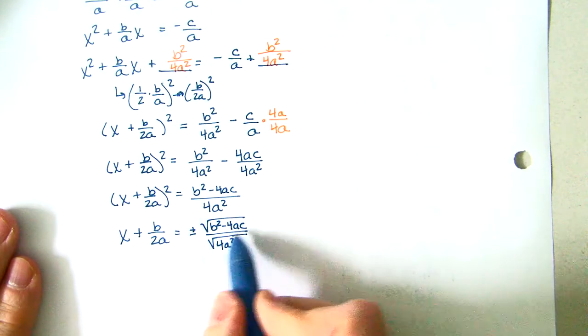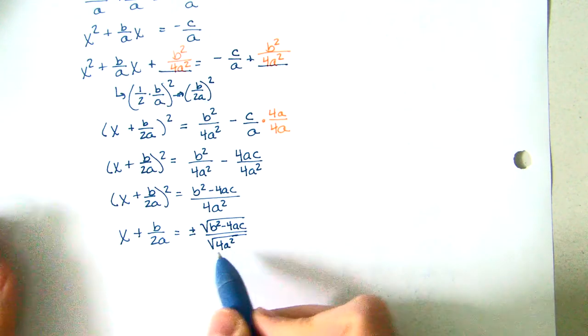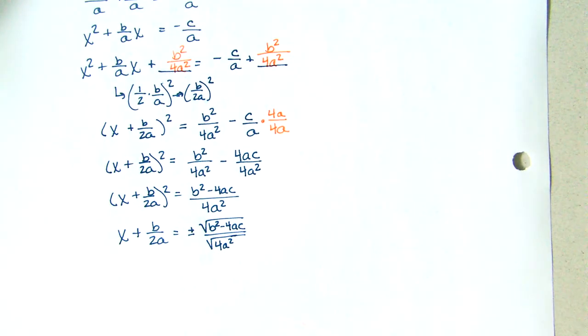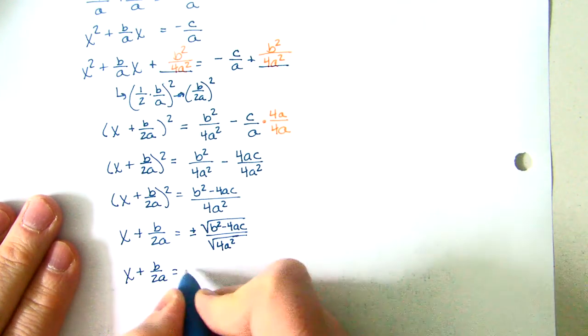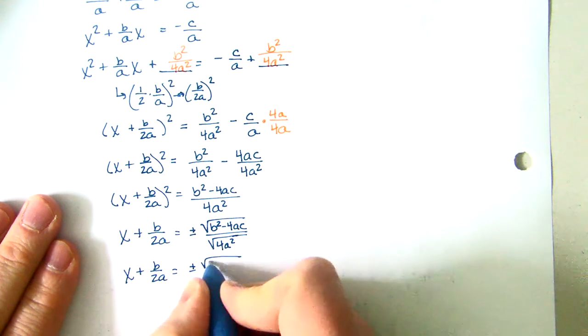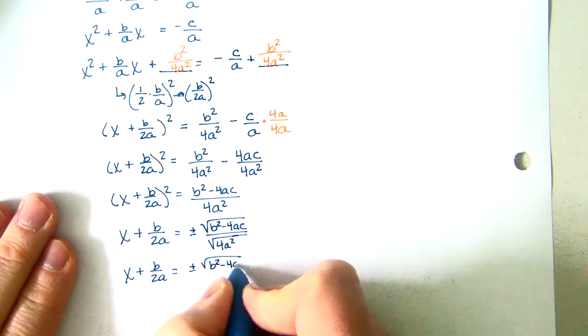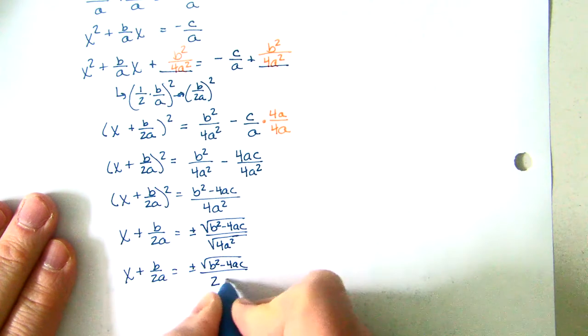Okay, well, the top I can't really do anything with, but what is the square root of that denominator? Square root of the denominator, I think, is just 2a. So plus or minus the square root of b squared minus 4ac all over 2a.